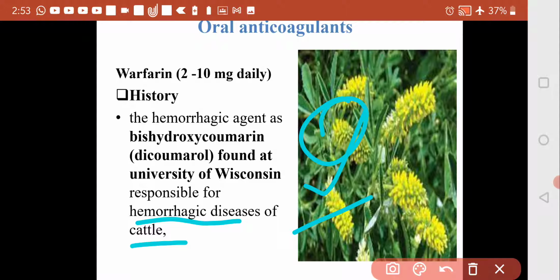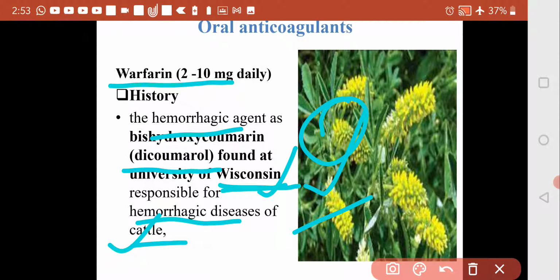So the farmer went to the University of Wisconsin, and one chemist found dicoumarol. It's a bis-hydroxycoumarin, and it is responsible for the hemorrhage in the cattle. And then at Wisconsin, they developed warfarin.